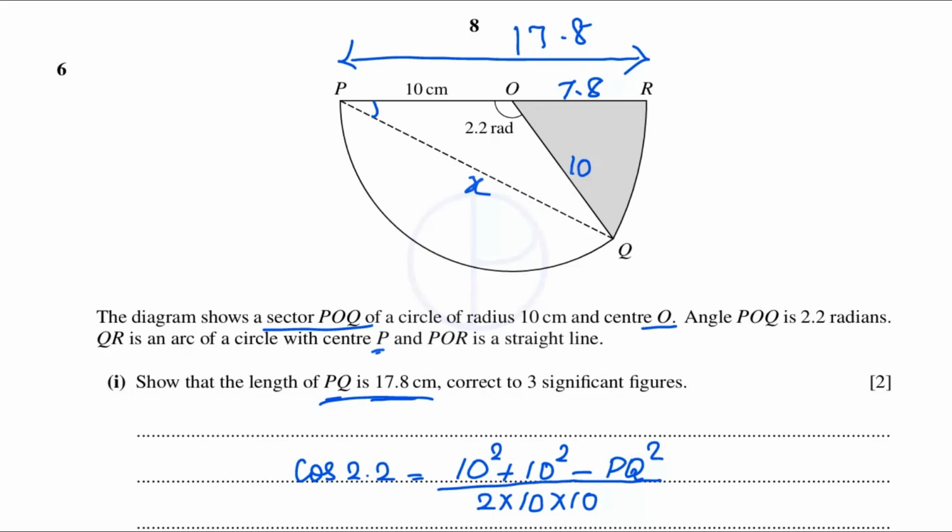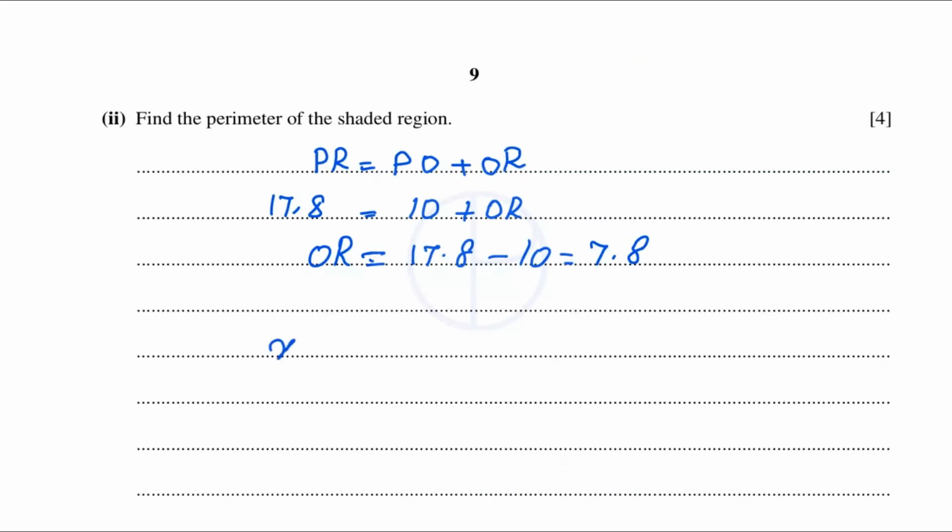In the triangle POQ, PO and OQ are similar. So this is an isosceles triangle, and the angles at P and Q will be the same. Let me mark this as x. Then this is also x. x plus 2.2 plus x is pi.